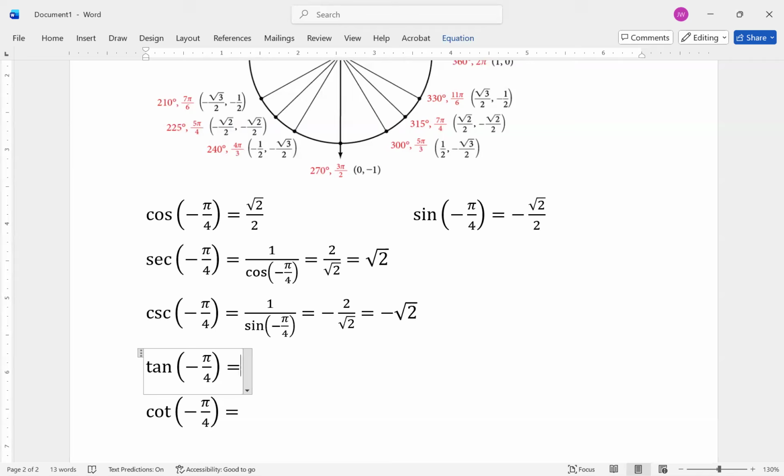Tangent is sine over cosine. You can think of this as sine of negative pi over 4 divided by the cosine of negative pi over 4.